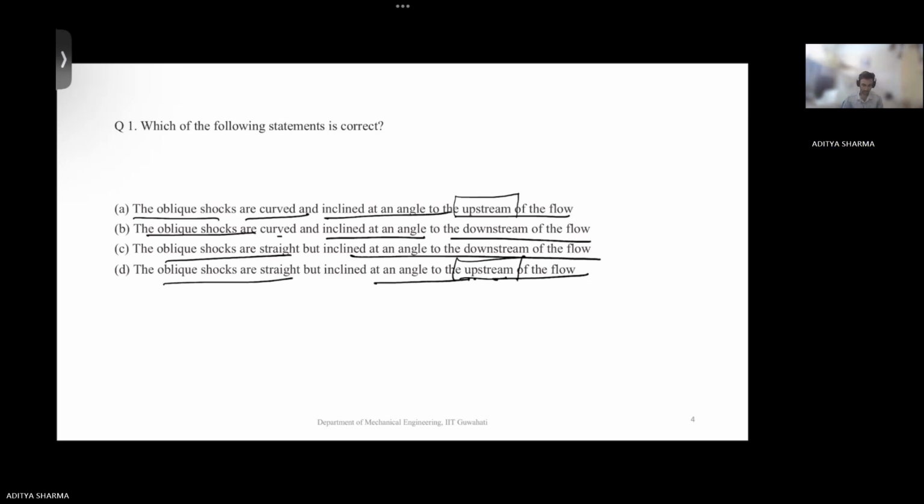Then oblique shocks are curved, A says that, and D says that oblique shocks are straight. So oblique shocks are straight also, and oblique shocks are curved also. Right? So in that case, A and D both are going to be correct options. So this is question number 1.